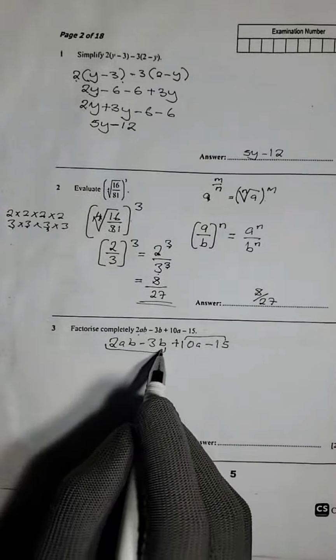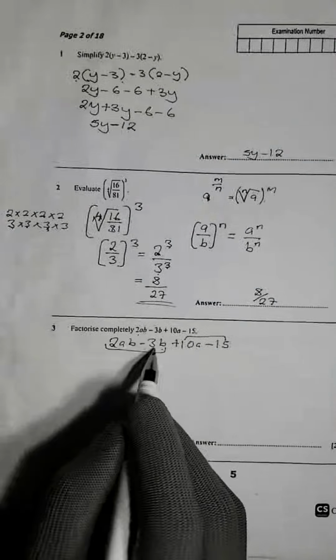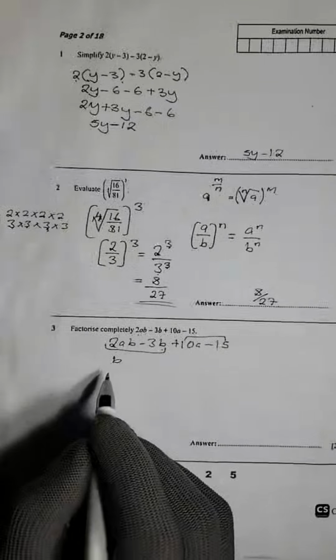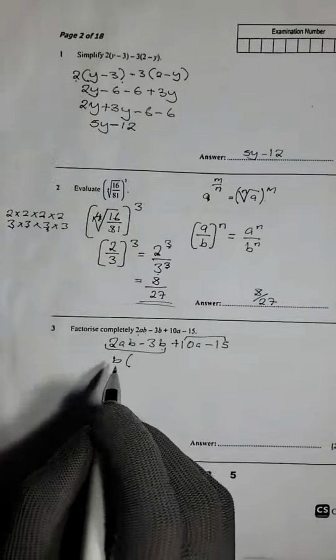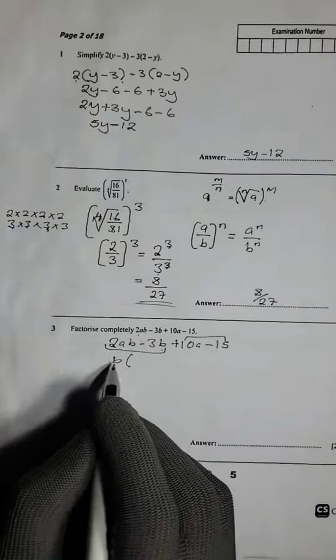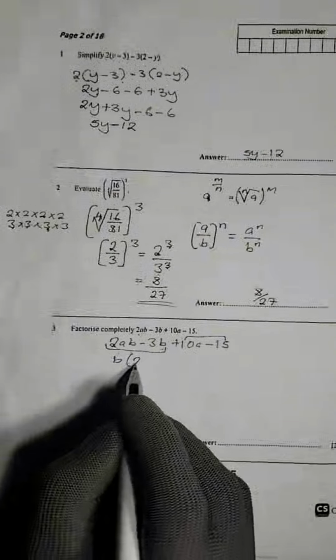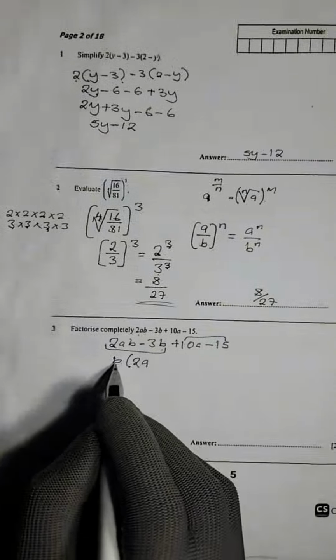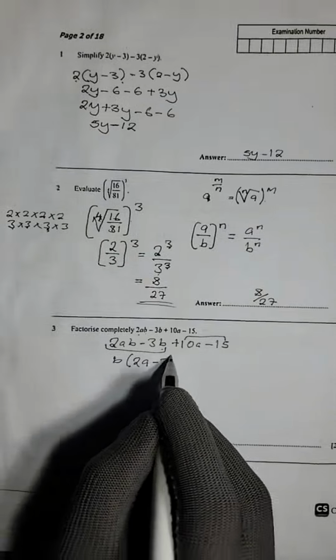So let's factorize now by common factor. What is common here? B is common, so we can factor out b. Only b is common. Open bracket, b and this b will cancel, but just know that this and this will divide, and you remain with 2a. B and this b will cancel, and we remain with negative 3.